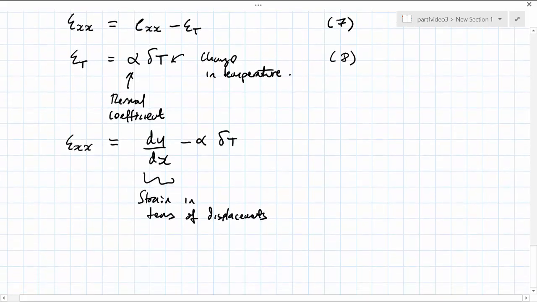And this follows naturally from the engineering definition of strain, which is basically the change of length over a given length.